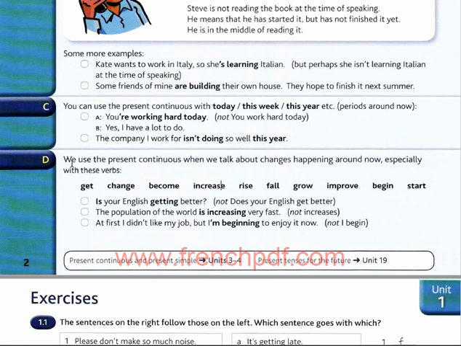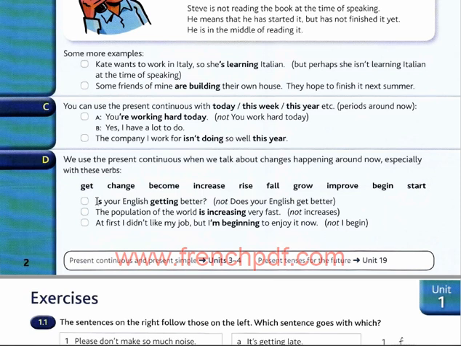We have some words on page 2. We use the present continuous when we talk about changes happening around now, especially with these verbs. We have some of these verbs in here, so we will add ing to these verbs when we want to talk about changing. For example, get will be getting. Change will be changing, becoming, increasing, rising, falling, growing, improving, beginning, starting.